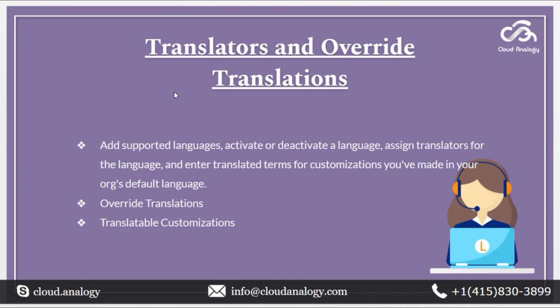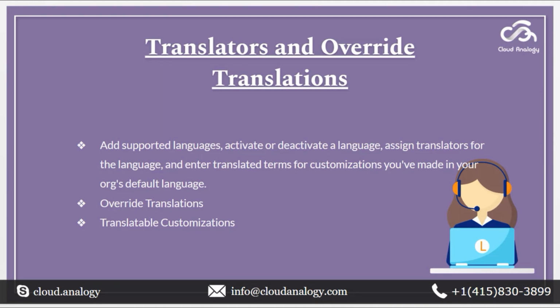Now, what are translators and override translations? As you can see, we will use translators and translated language to add supported languages, activate or deactivate a language, assign translators for that language, and enter translated terms for customizations you have made in your org or by default. We can translate only certain components.